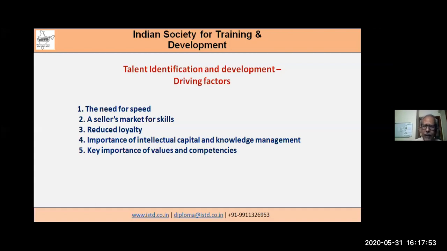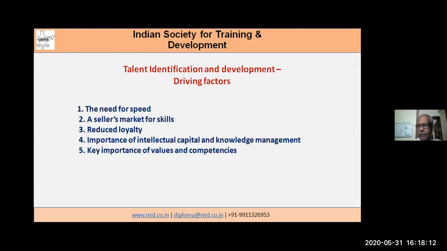A seller's market for skills. You know, today there is a market for skilled people. People are searching for skilled people. When people are searching for skilled people, every organization has to be on their toes for identifying people and trying to get them within the organization.